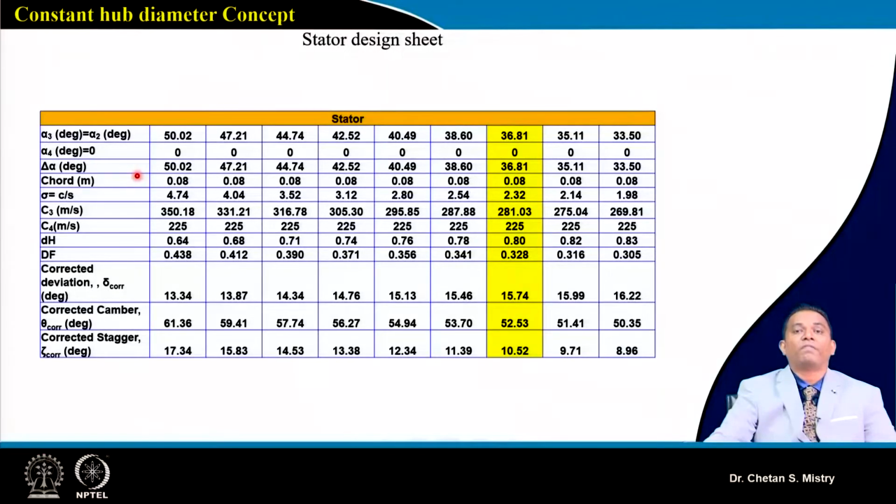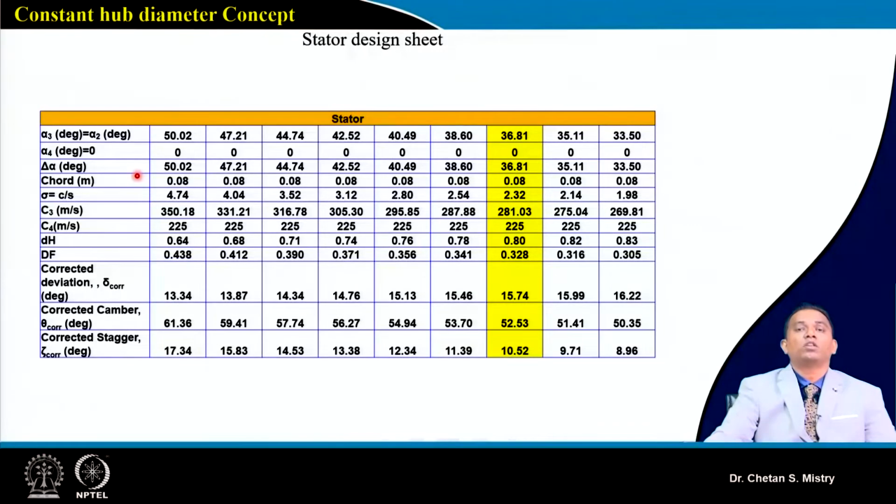It will be reflected in terms of change of incidence angle and change of your deviation angle, and that will give you an indication that you need to modify your design. So again you need to change these parameters, generate the new blades, and do your iterations again.